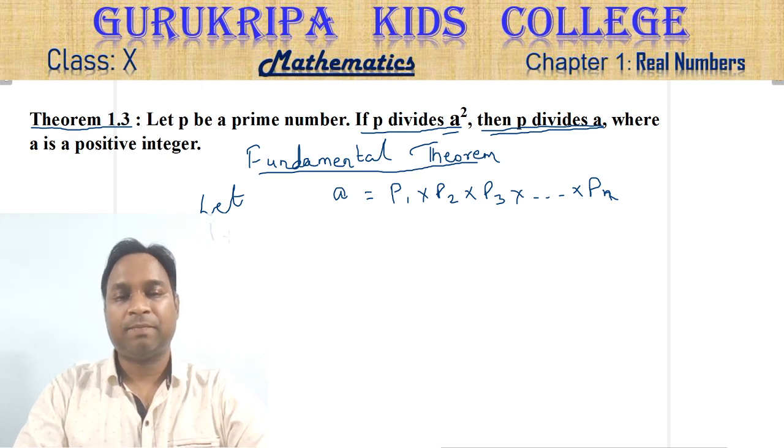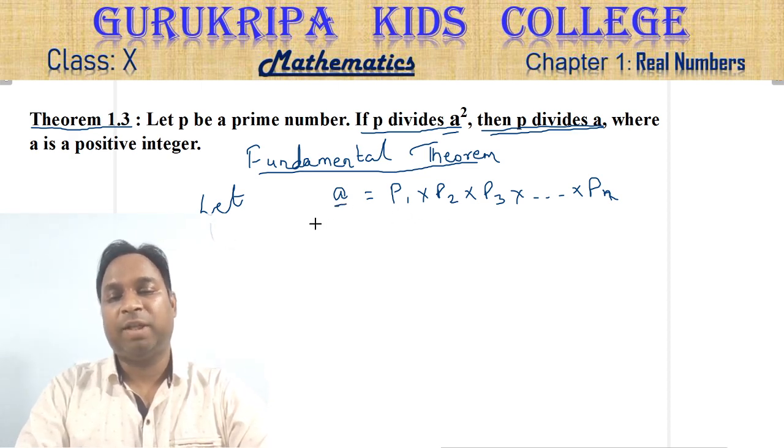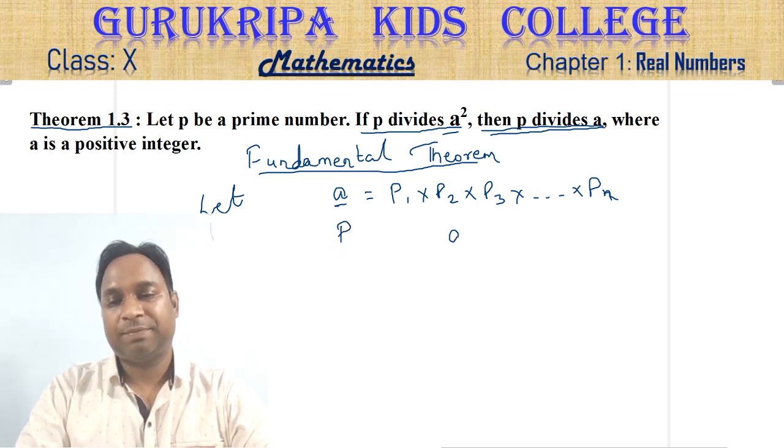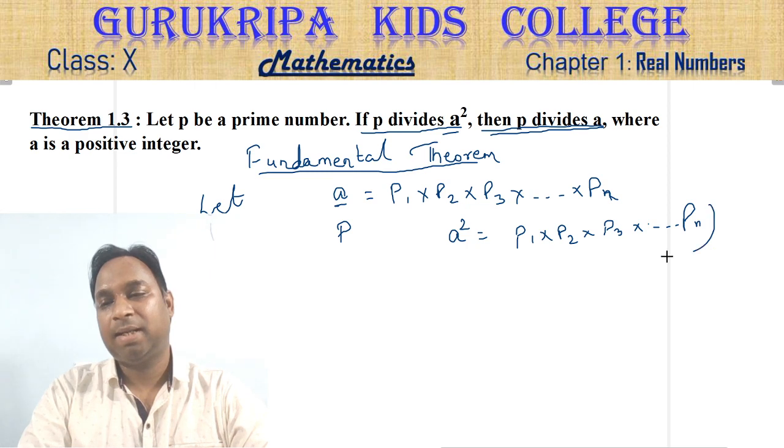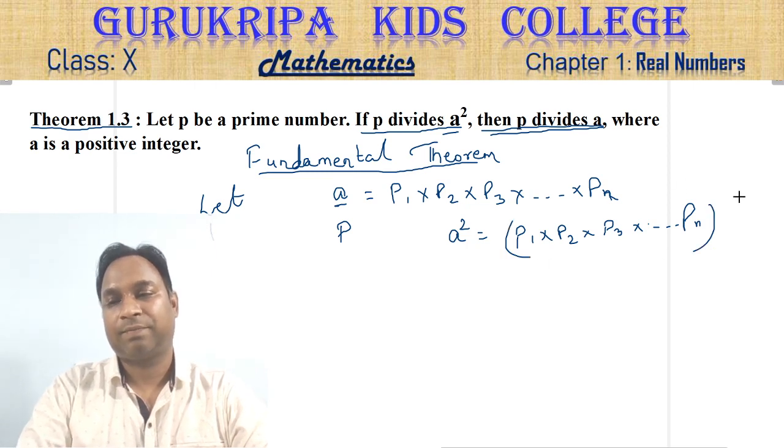Now we have a P, we have A. We need to find A square first. What will be A square? A square will be the square of A, that will be equal to P1 into P2 into P3 up to Pn, square of that, isn't it?